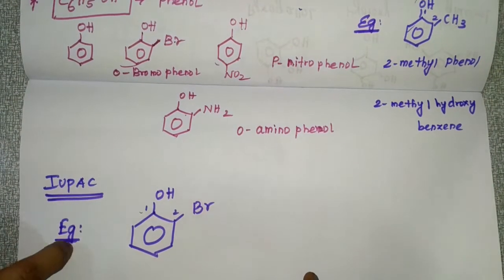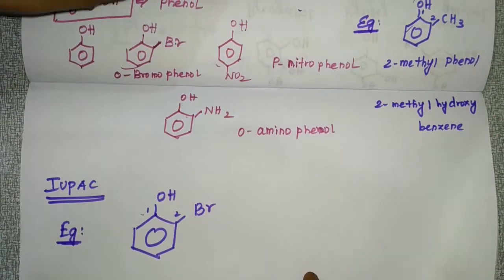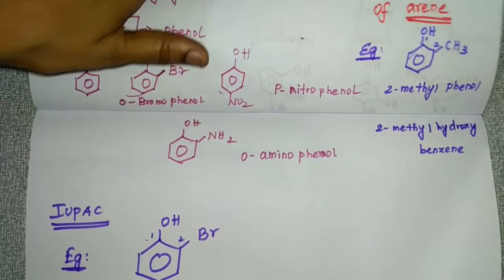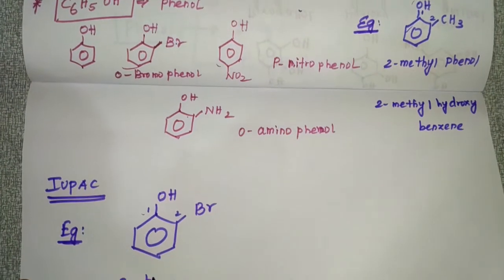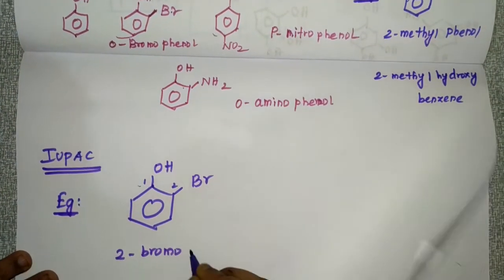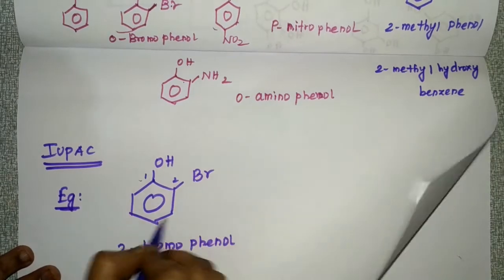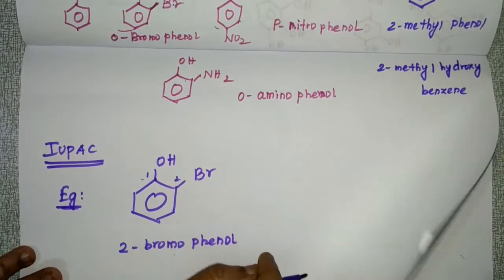Okay. So if you are naming according to monohydric phenol, that is, derivatives of phenol, how will you name it? You have to name it as 2-bromophenol. Okay, so this is a substituent and this C6H5OH is phenol. So 2-bromophenol. You have to name it like this.